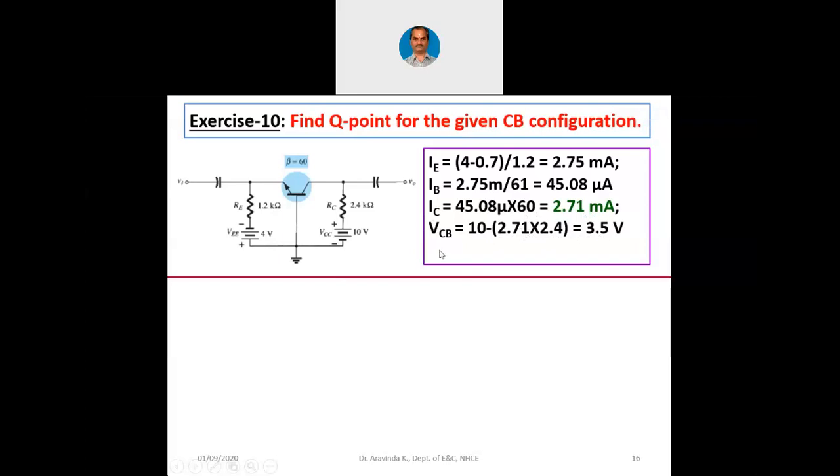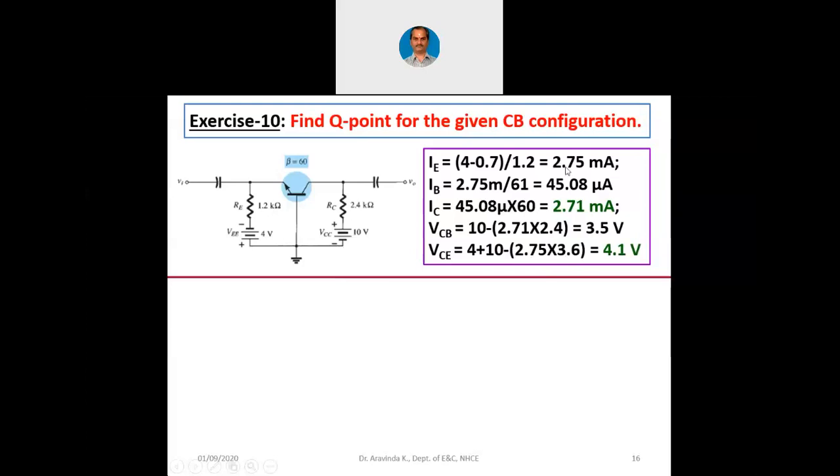Once we have VCB, we can find out VCE. Applying the KVL for the complete loop, we can write 4 plus 10 minus 2.75 into 3.6 equals 4.1 volts. That is VEE plus VCC minus IE into RC plus RE.